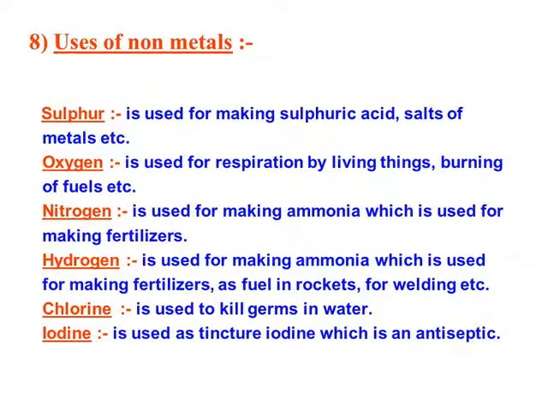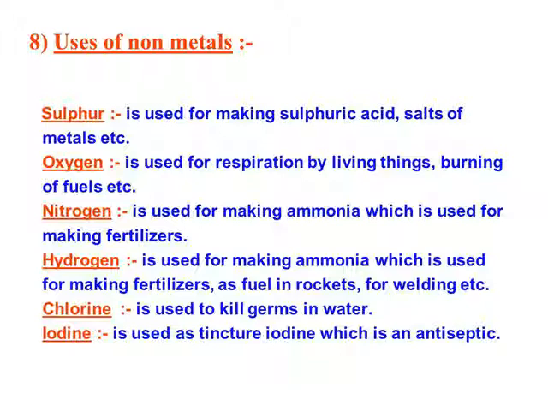Now let us look into the uses of some non-metals. Sulfur is used for making sulfuric acid, salts of some metals, etc. Oxygen is used for respiration by living things, burning of fuel, etc. Nitrogen is used for making ammonia, which is used for making fertilizers.